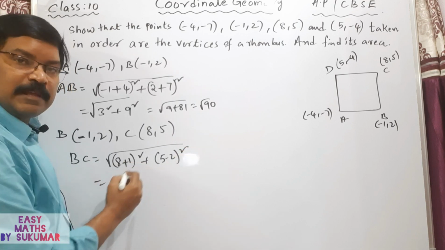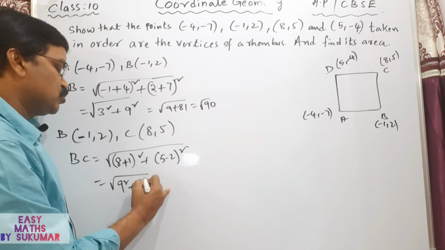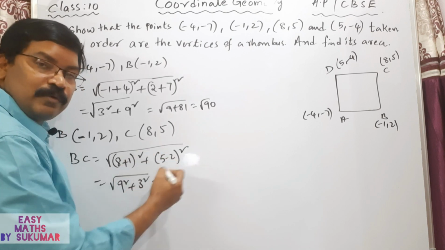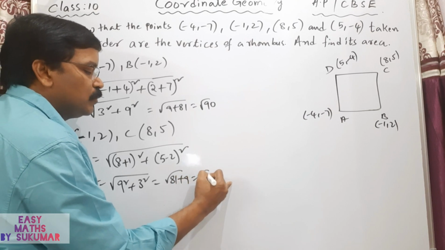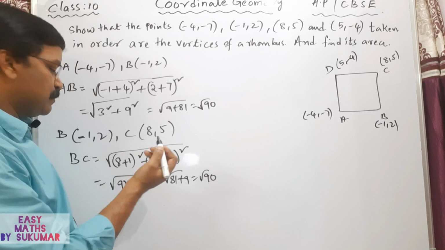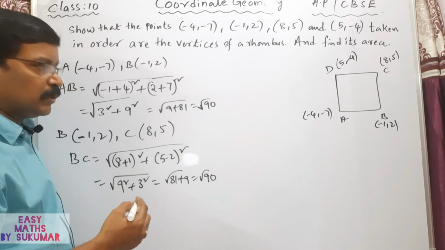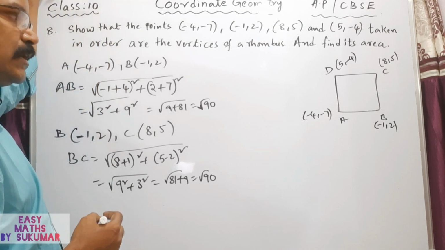So that means 8 plus 1 is 9 square plus 5 minus 2 is 3 square. That means 9 square is 81 and 3 square is 9. This is also equal to root 90. Okay. So here this AB, BC, both are equal to root 90, and another one is there, DC and AD.